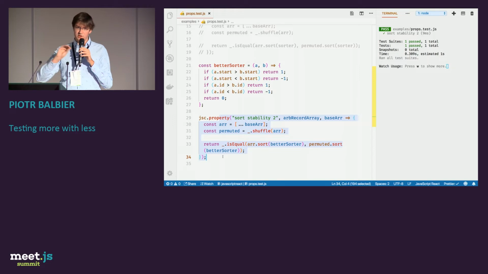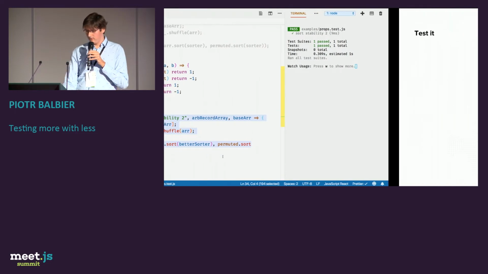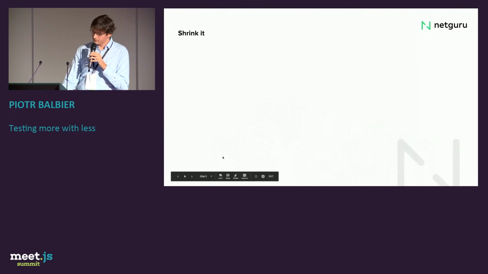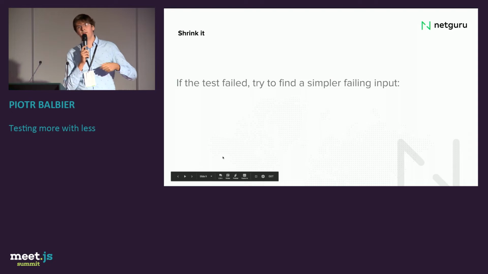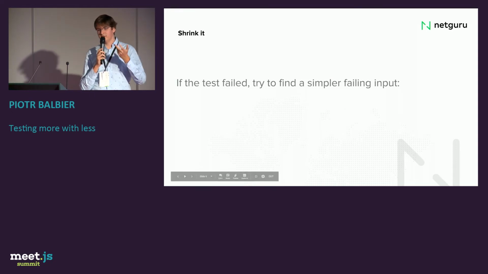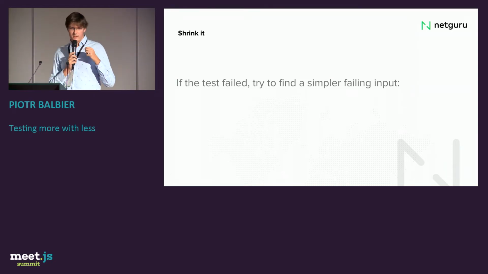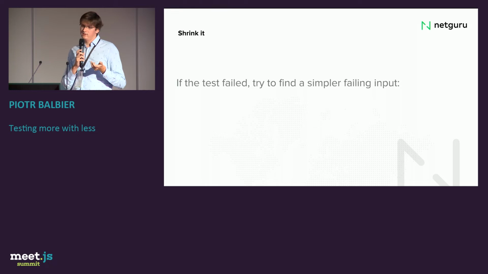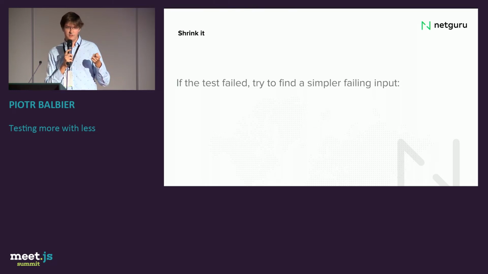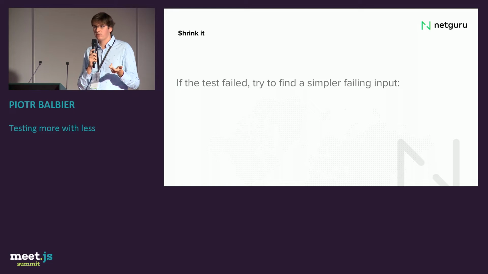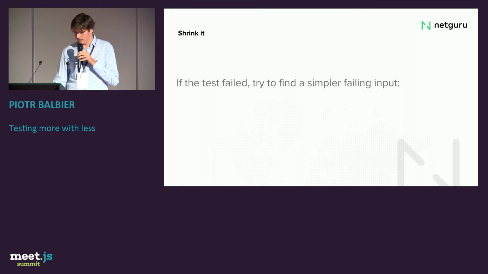And such shrinking is actually a way to find an edge case. Because usually the edge case is the simplest to debug, the simplest to fix, and then we can extrapolate it onto another example data.